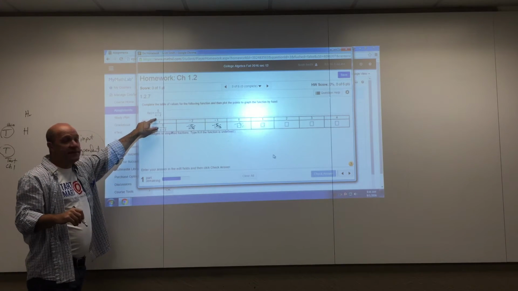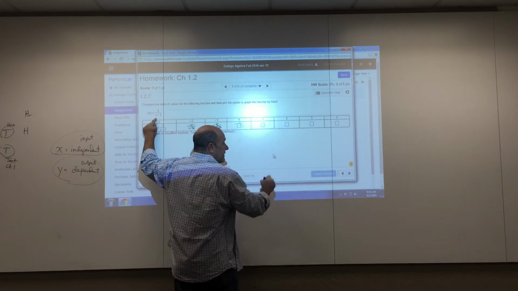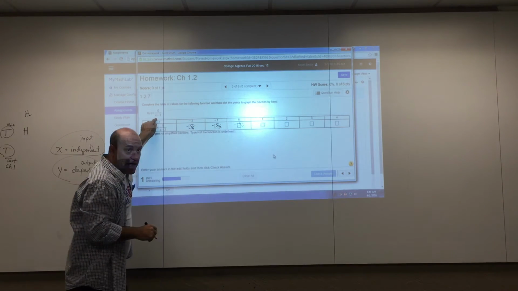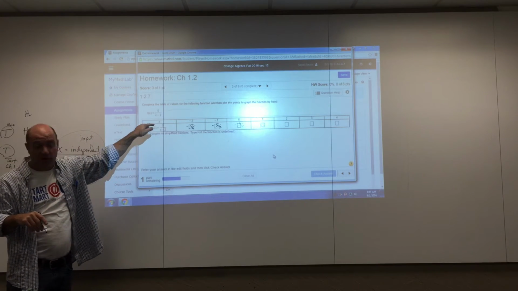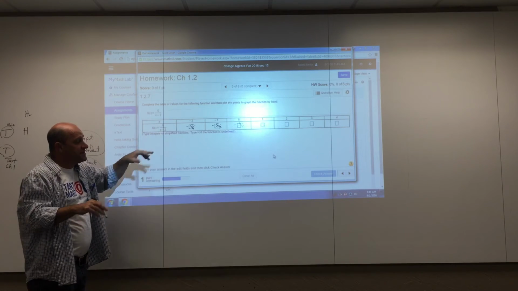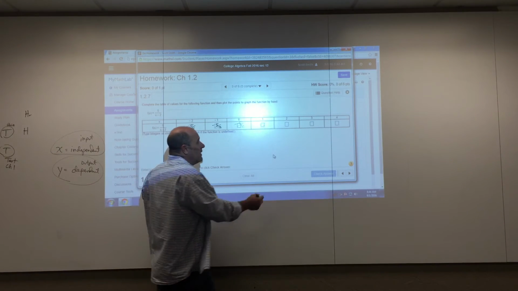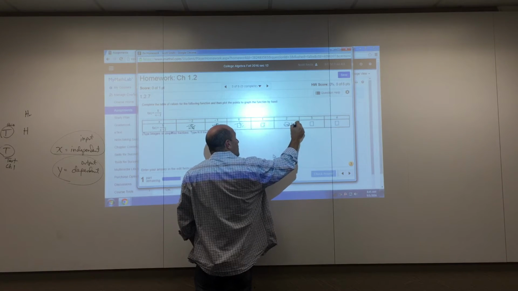Plug a 2 in there, please, and what do you get? Yeah, that's undefined. That doesn't happen with a lot of our functions. We get to plug anything we want in, but when we plug a 2 into this function, we get division by 0. 5 divided by 0 is undefined. If you've done this homework, is that what they want? Do they want you to write the word undefined?